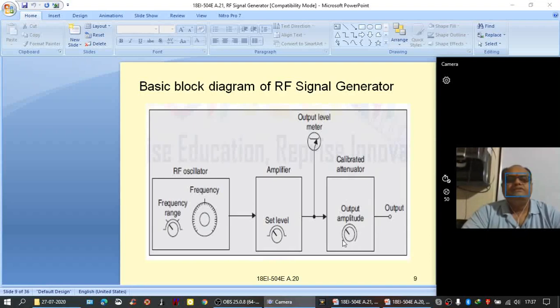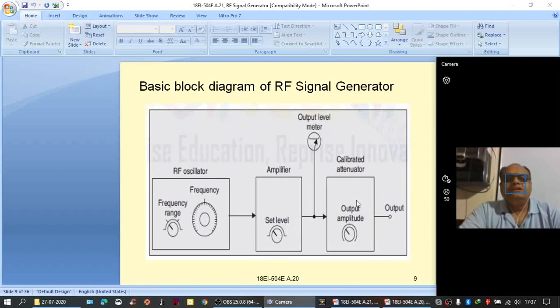Here is the calibrated scale on the front panel, and by rotating this knob, actually it would be a potentiometer for continuous adjustment, we can get the amplitude of the output signal accurately according to the scale. For that purpose, this amplifier is used.